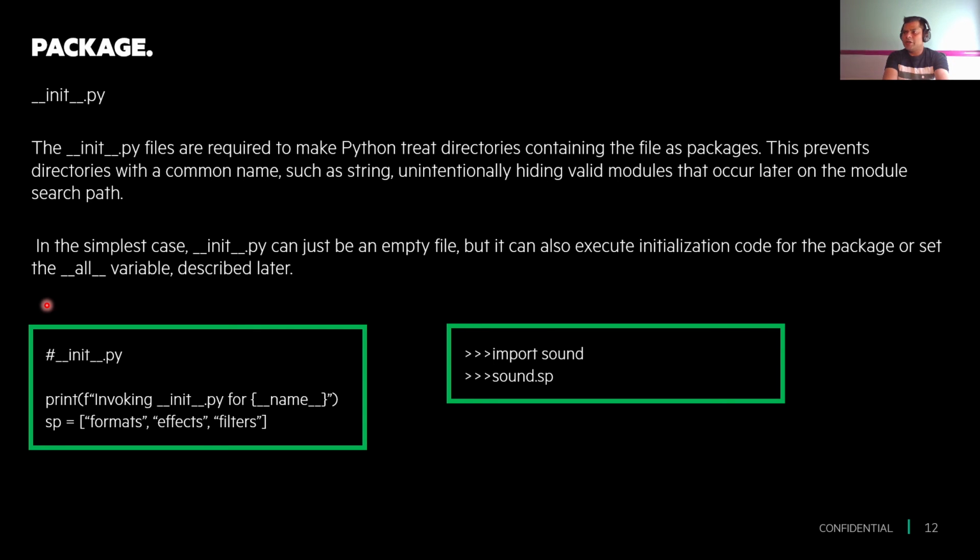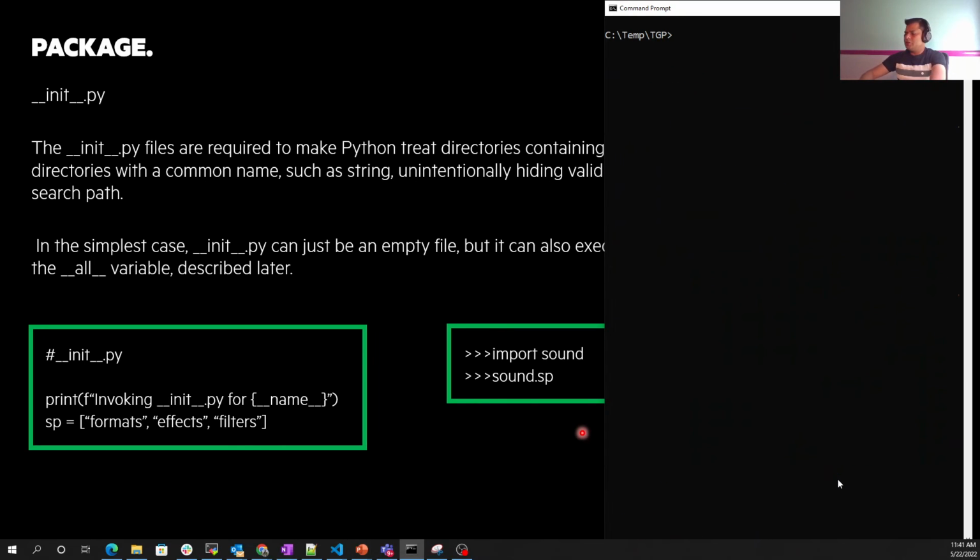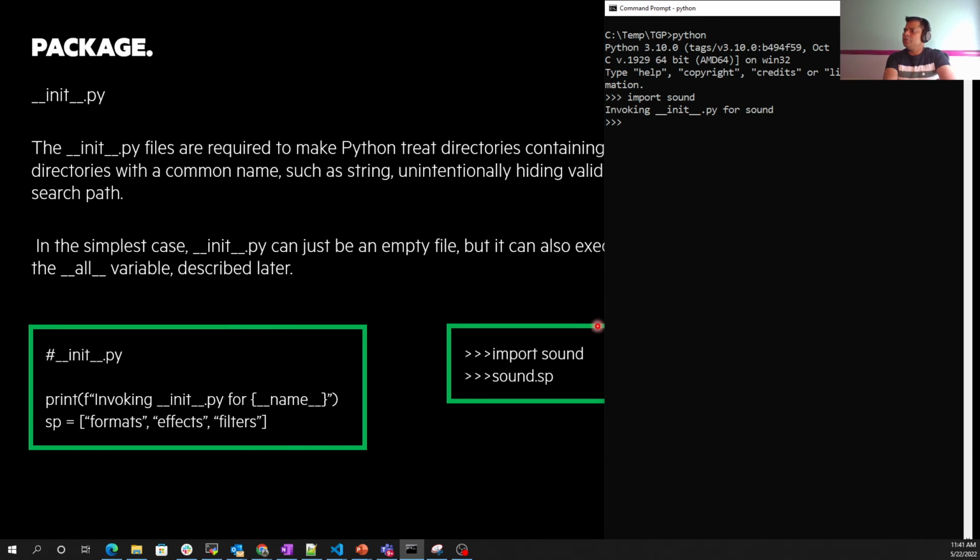So let's go back to the command prompt. And this time, again, clear the page. We'll bring up the Python interpreter once again, and then we are going to import sound. As soon as we imported sound, which is the package we created, it says that we are just importing sound.